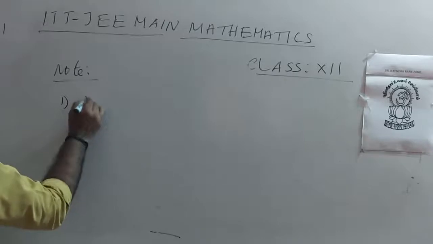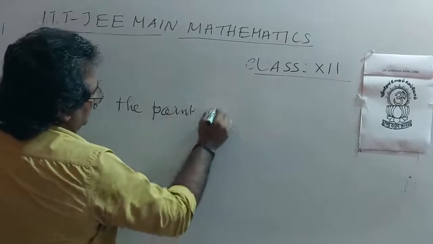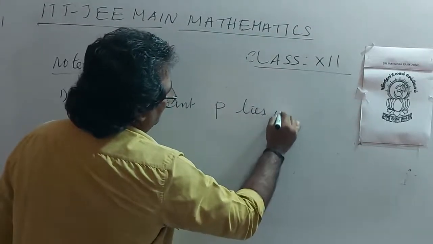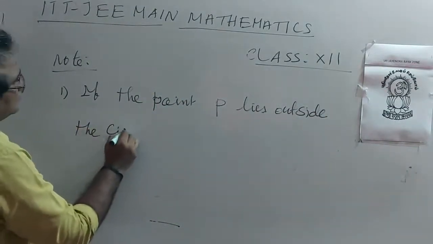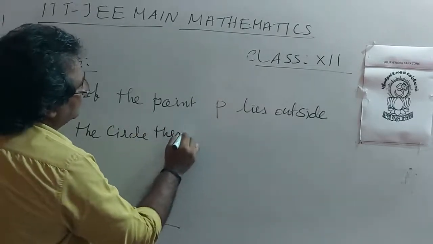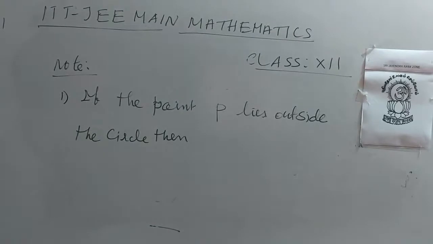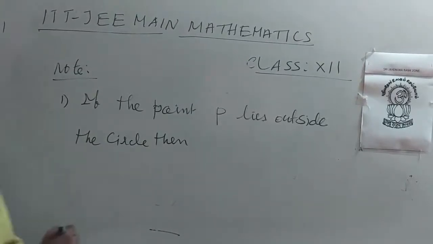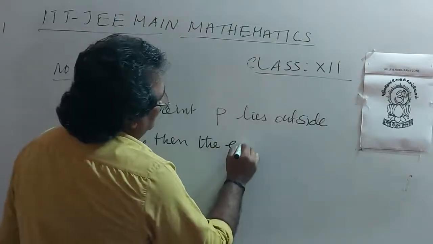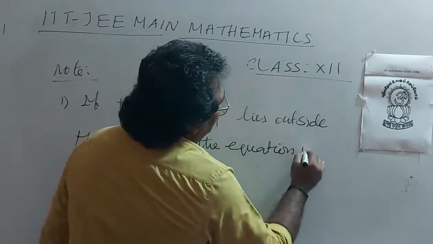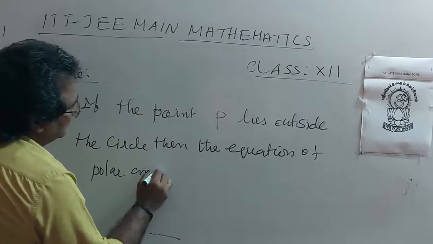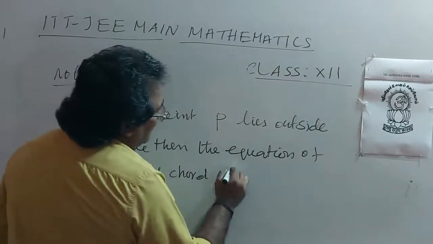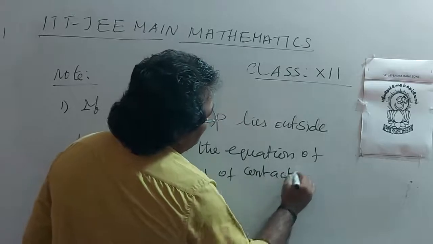Note, if the point P lies outside the circle, then the equation of polar and chord of contact will coincide.